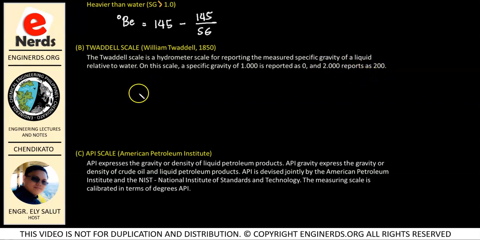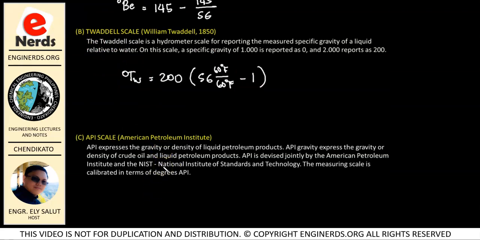So the formula for this is that the degree Twaddell is equal to 200 times the specific gravity. Again, I will write here yung ating temperature as a reference. Now we have 60 degree Fahrenheit over 60 degree Fahrenheit minus 1. Okay, so ito naman yung gagamitin nating reference when we are working with the Twaddell scale.